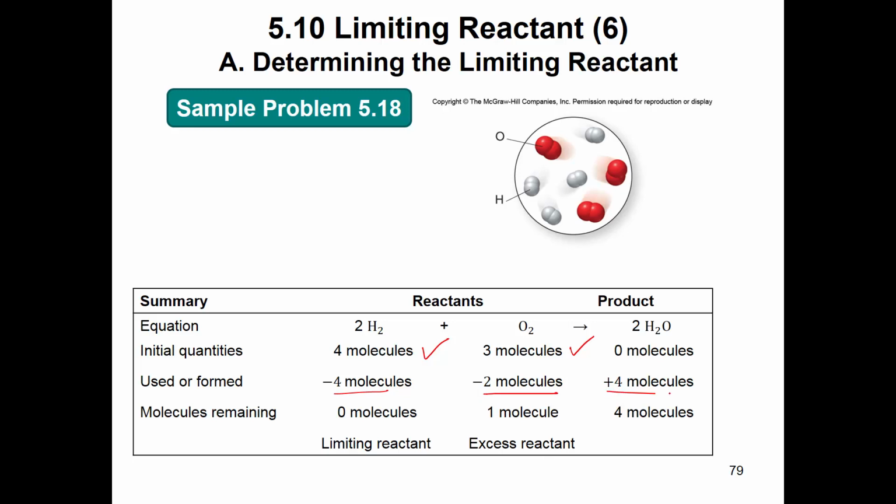So I could make 4 molecules of water, right? If I make 4 molecules of water, I've used up all 4 of my hydrogens, but I only used up 2 of my oxygen, so I had 1 left over. Whatever I had left over, that's my excess. Whatever I used up is my limiting.